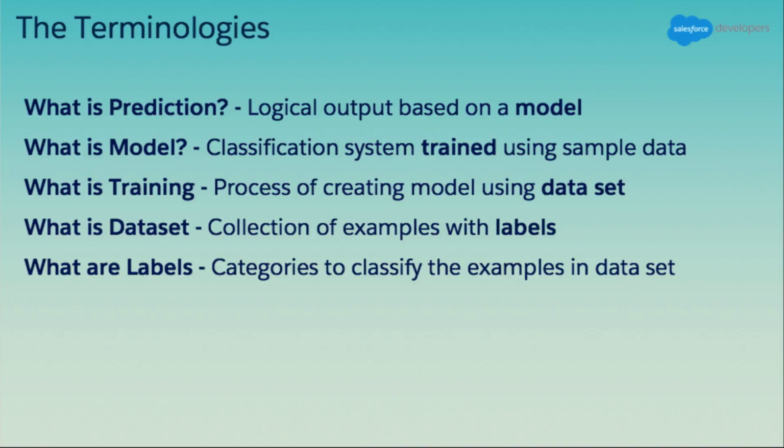You might have bought multiple books earlier, and that data got used to create a classification system to identify what kind of books you like. So that's a model. And the process that created this model using that sample data set, which is nothing but the past purchase history records, is the training. So this process of creating the model using a data set is called training.